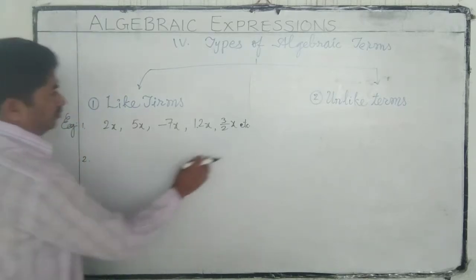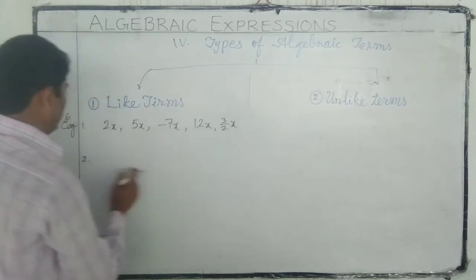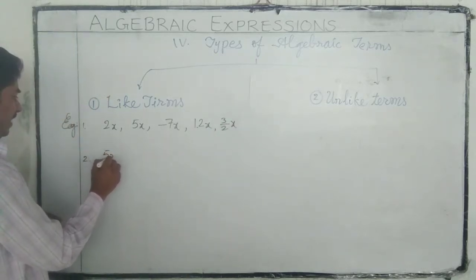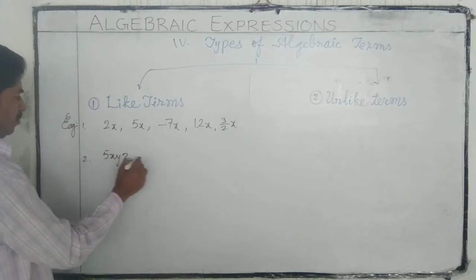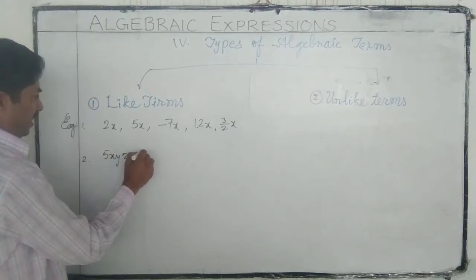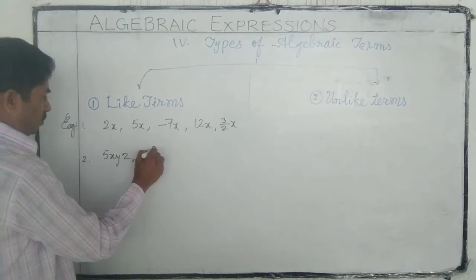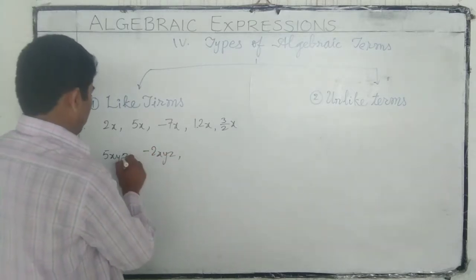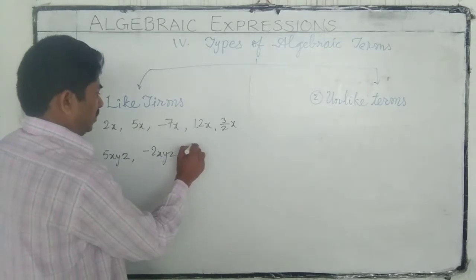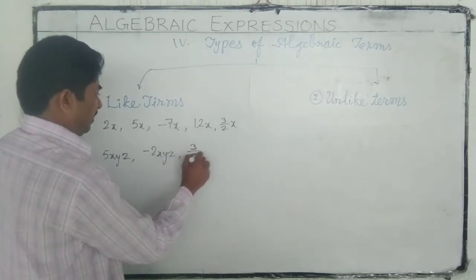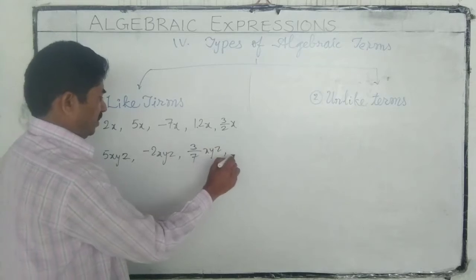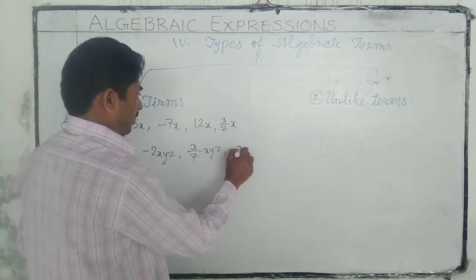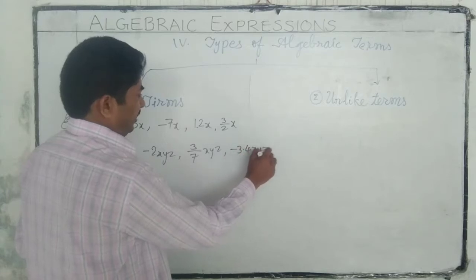Second example, 5xyz, minus 2xyz, 3 by 7 xyz, minus 3.4xyz.